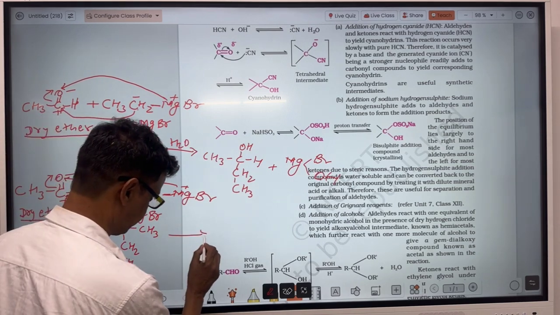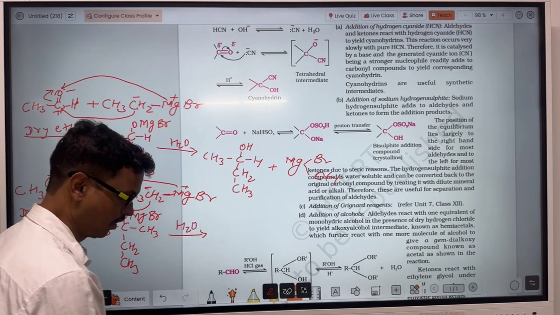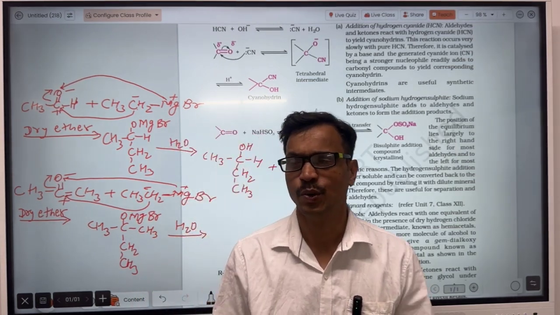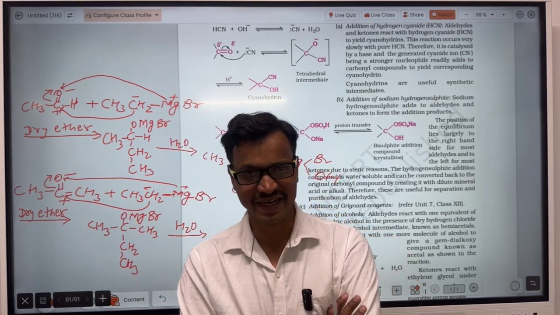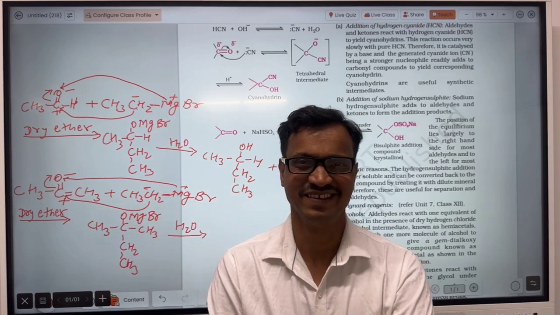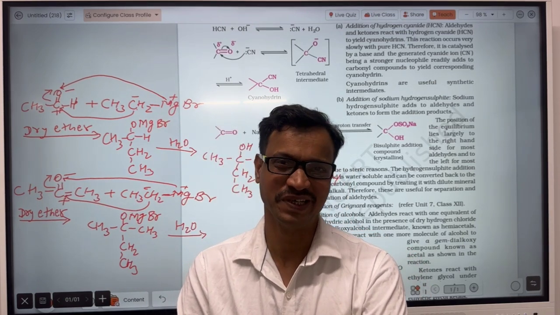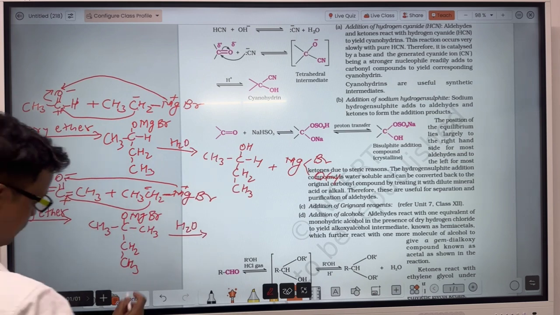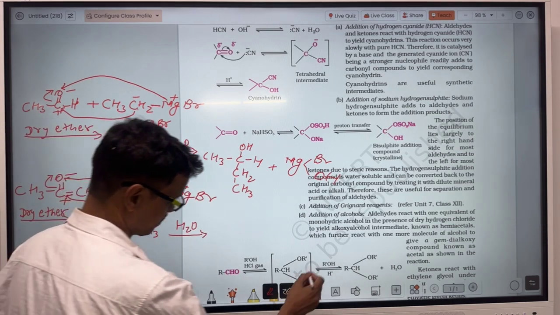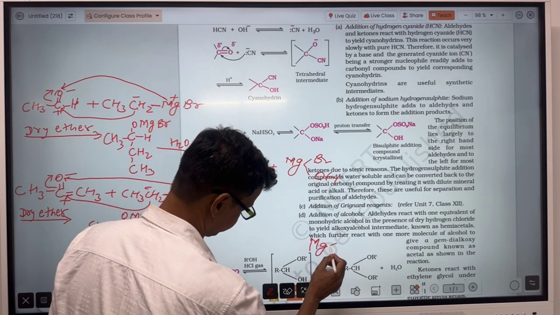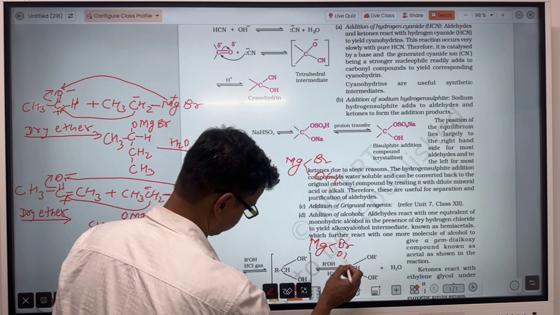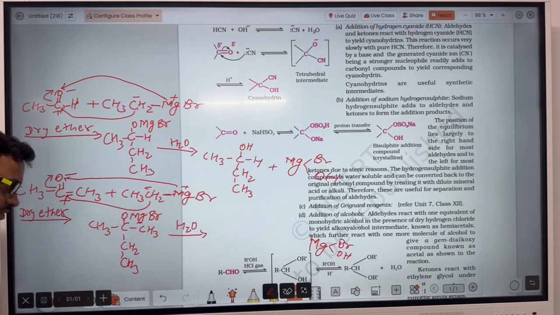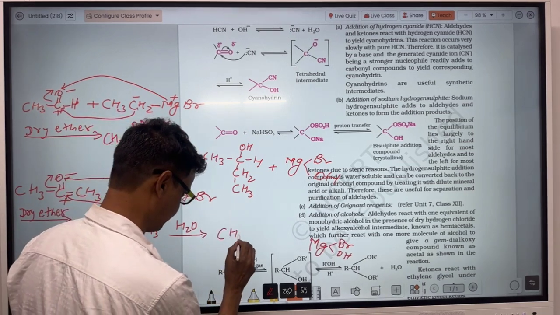After that react with water. So in water there is H plus and OH minus, and magnesium here is a metal, so always that will gain the OH minus. So the OH of water will get bonded to the magnesium, so product will be, and the hydrogen of water will combine to this oxygen, so compound will be.